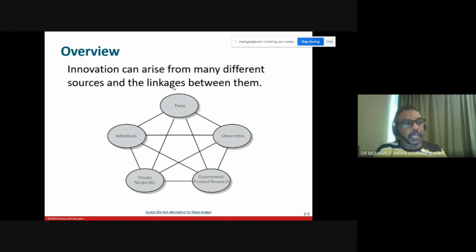If I'm not mistaken, pada banjir yang tahun yang lepas di banjir Kelantan tu in 2015-16, government came up with certain number of money budget to be given to researchers so that they can study the banjir and come up with possible solutions to prevent or to handle the banjir. So this came out from the government. The government wanted, because the government didn't know how to handle certain issues, so they come up with certain funds.